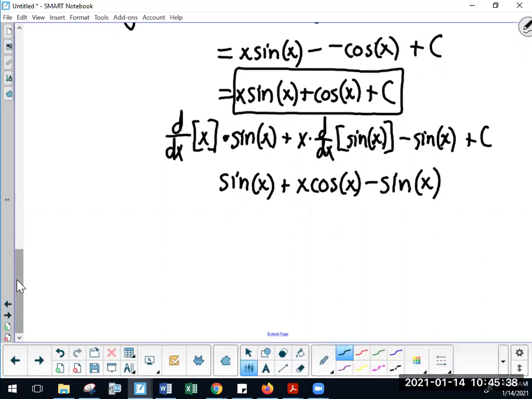Oops, that should have been a 0, sorry. Plus 0. And these two guys right here, they zero themselves out, and we have x cosine of x, which is what we were after from the beginning. Okie dokie. That was a very quick bit of work looking at integration by parts.